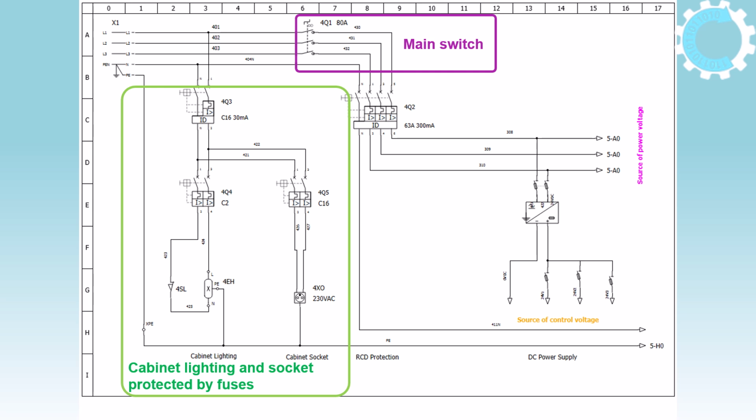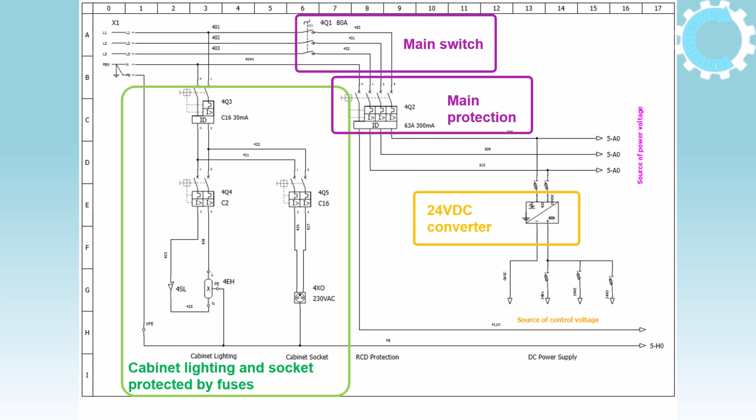After that, we can see the three-phase main protection with the machine nominal current. After that point, the circuit can be split in two main voltages used throughout the machine: the three-phase power voltage that is used for heavy duty, and the DC 24-volt circuit, derived by a converter which powers all control devices on the machine.